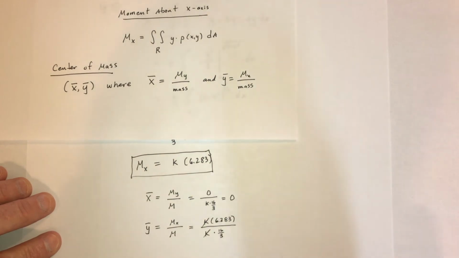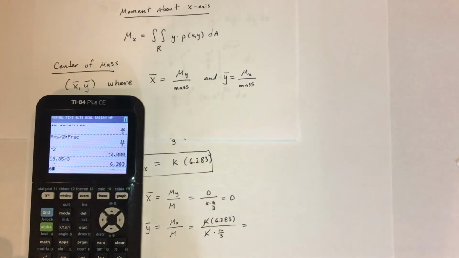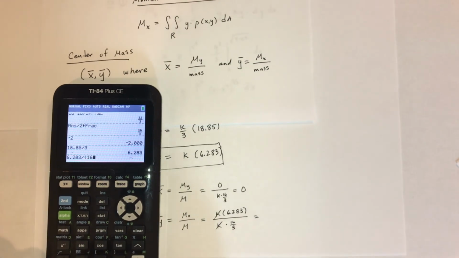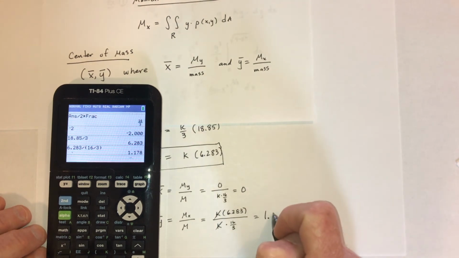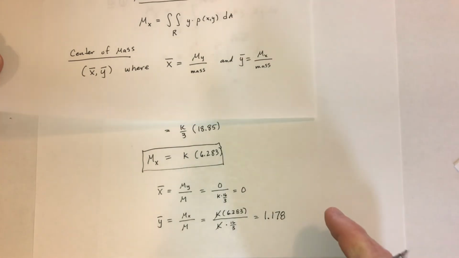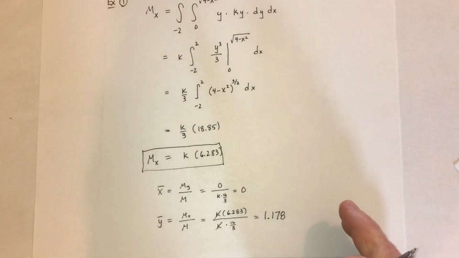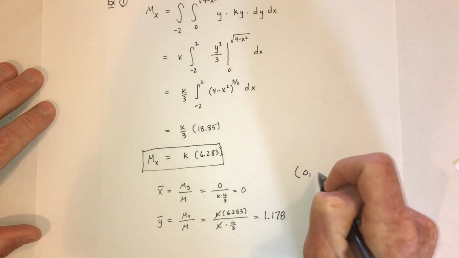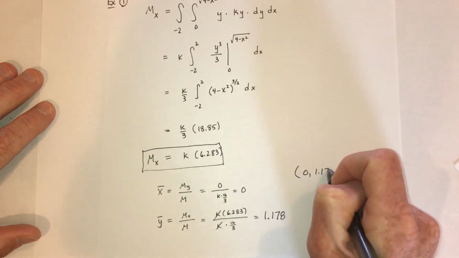And then the k's will cancel. And 6.283 gets divided by 16 thirds. It's 1.178. So finally, my answer on this one is x bar is 0 and y bar is 1.178.